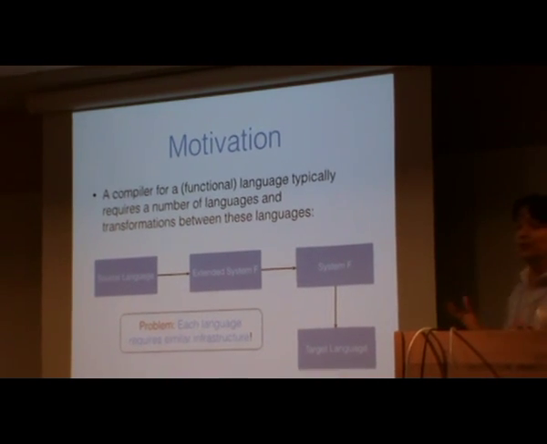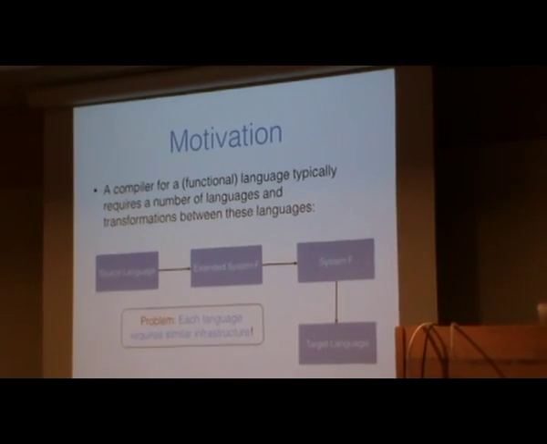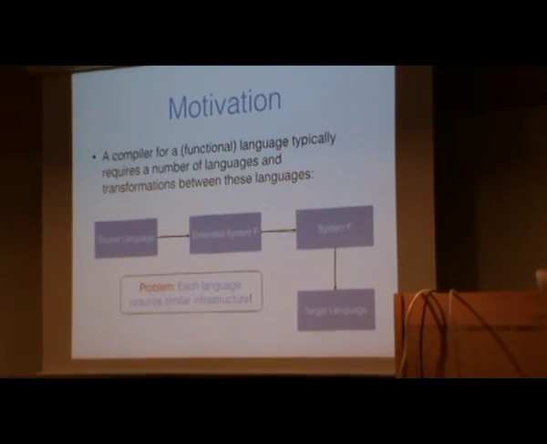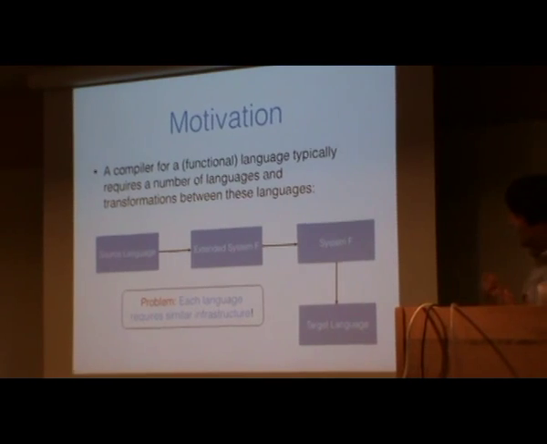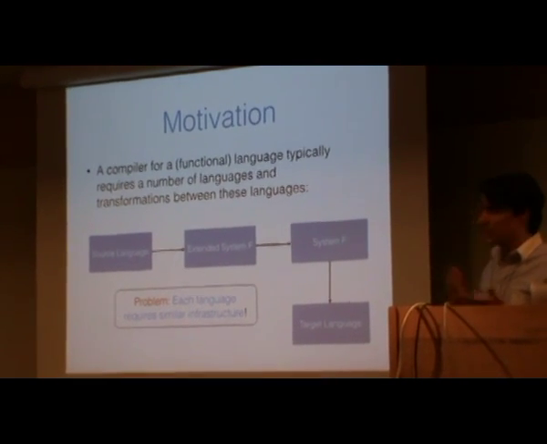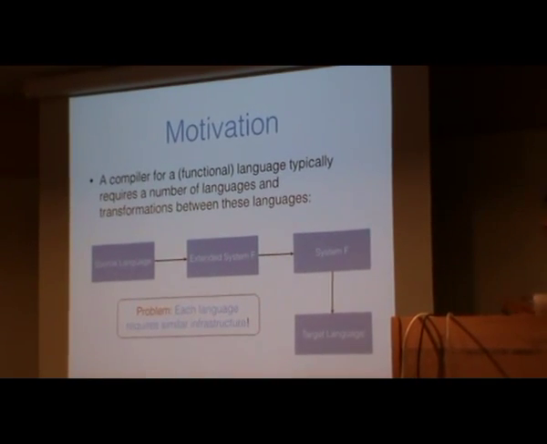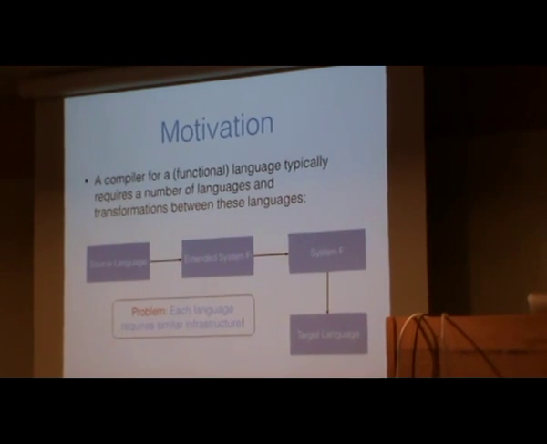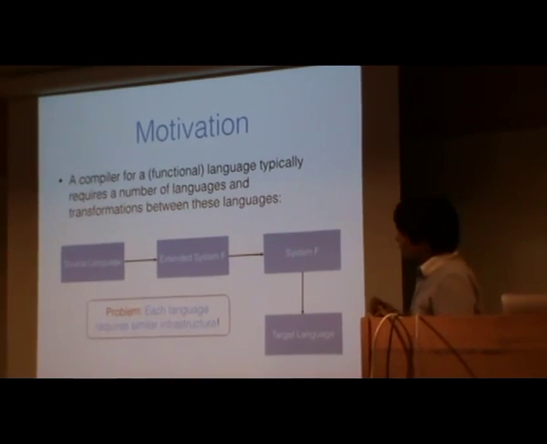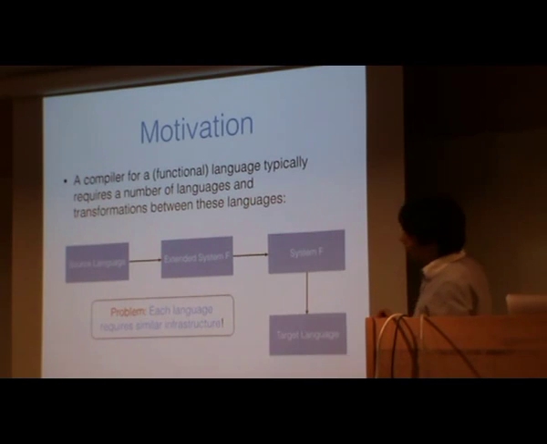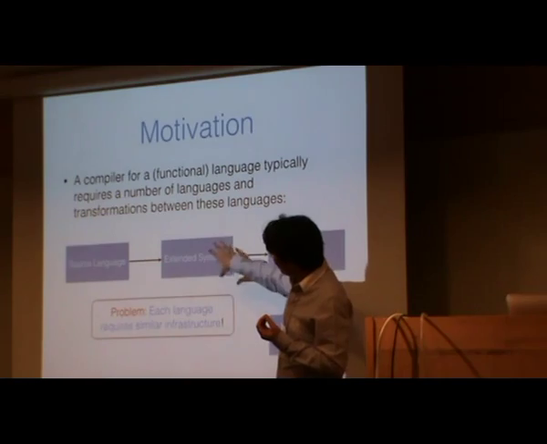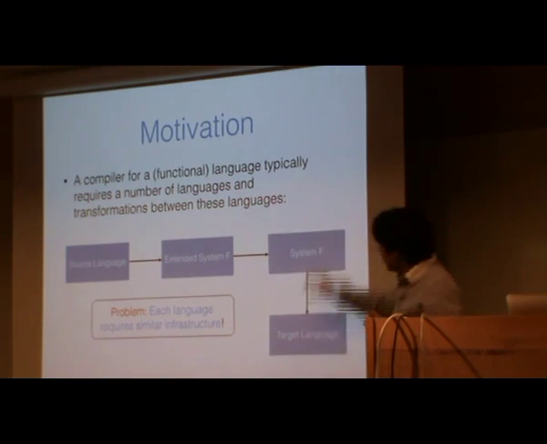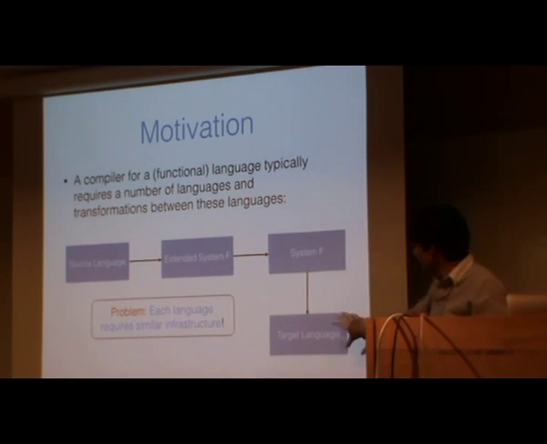Currently I'm trying to develop a compiler, a compiler for a functional programming language. The language doesn't need to be very sophisticated, but if it's big enough, your compiler will probably have a number of different languages. You might have a source language, then an extended core language, then a core language, and finally some target language.